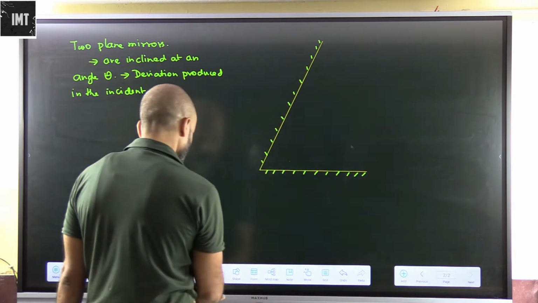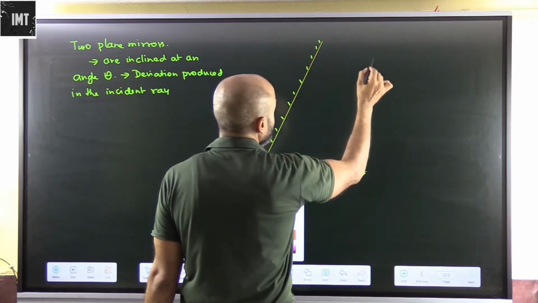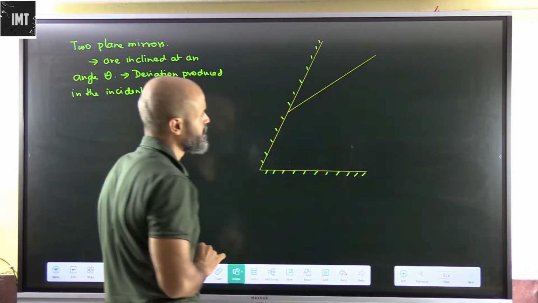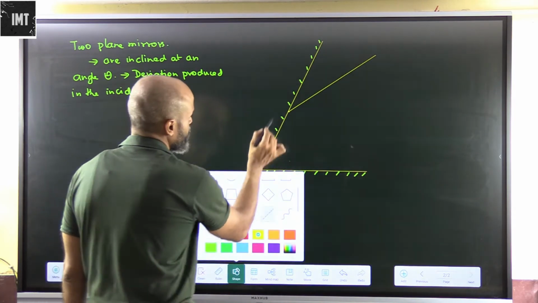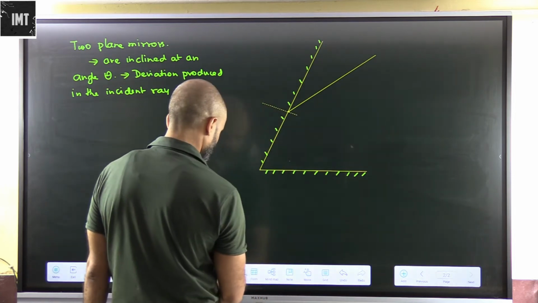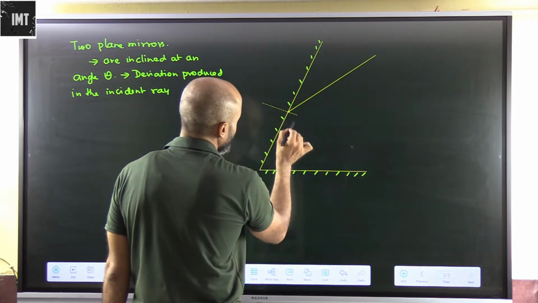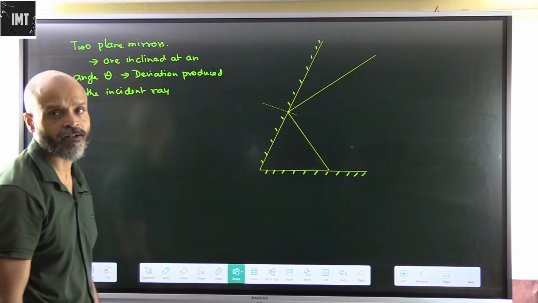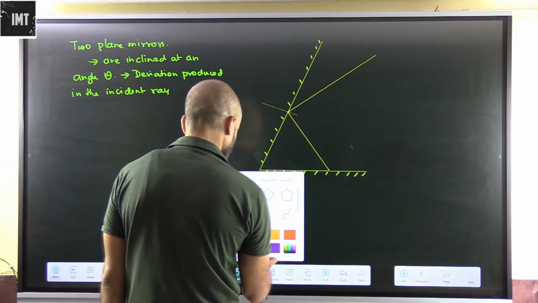Now we have a ray of light. Let's say this ray of light is coming from any direction or from any object. It is incident on this mirror. So how will we draw the reflection? Obviously by drawing a normal here. So this will be the reflected ray, striking the other mirror at this point.